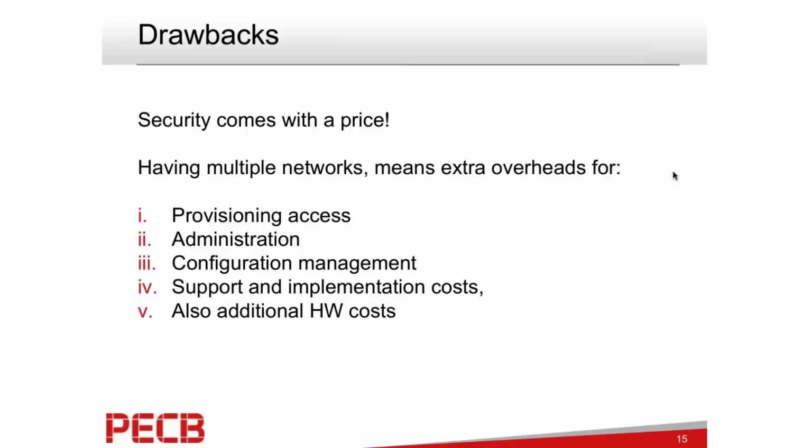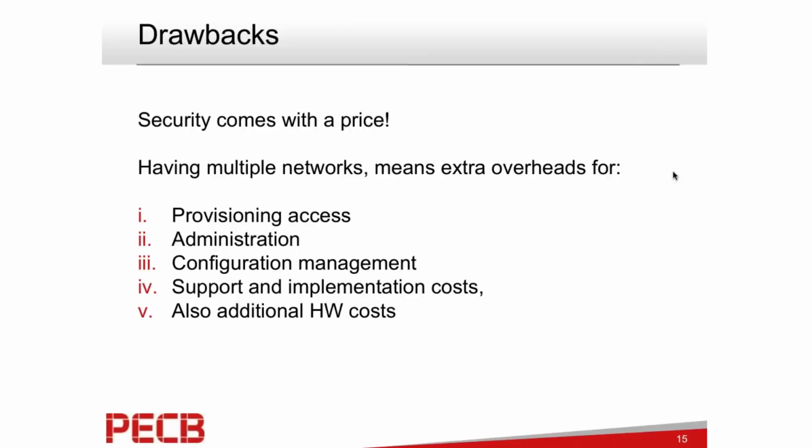It will mean that you'll have extra overheads, for example, provisioning access. So you'll have multiple network configurations. You need to maintain multiple network equipment, several firewalls, several rule sets, several traffic flows, several user sets. So provisioning will be an overhead when you go for that approach.